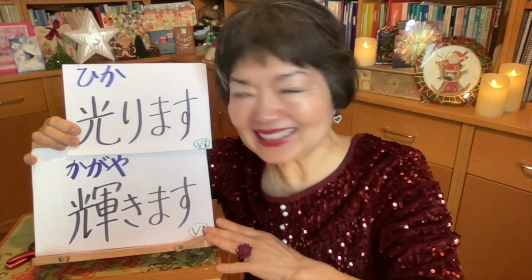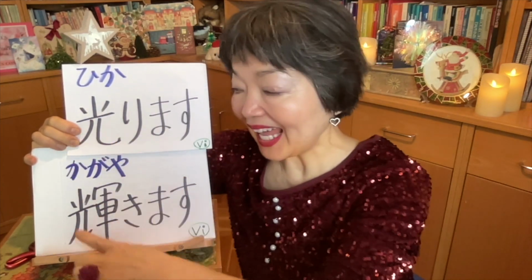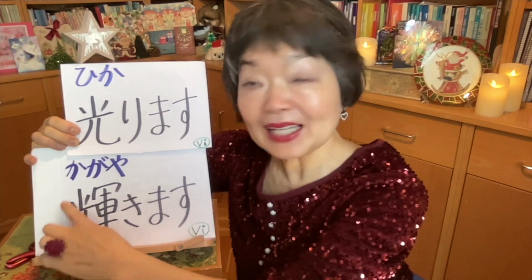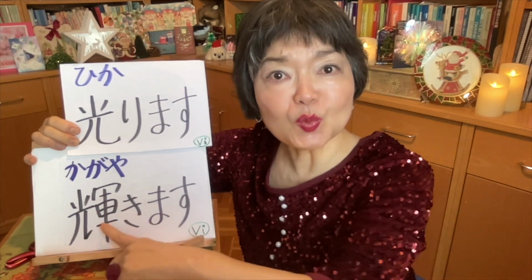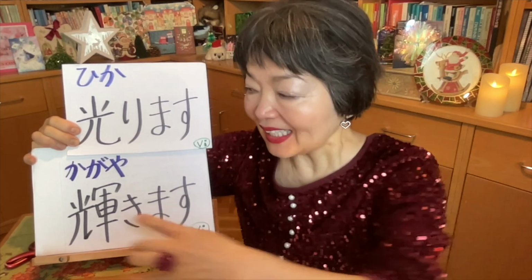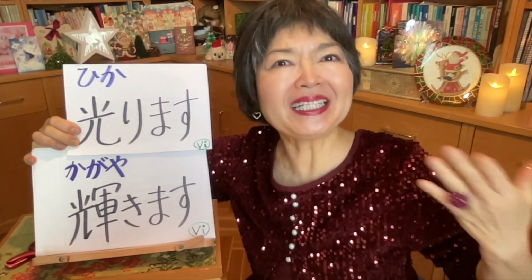Now look at the kanji. Hikarimasu: this hikari means light. And in kagayakimasu, the left part is also light, but the right part is gun. Gun is army, so you can imagine an army of lights, many lights.